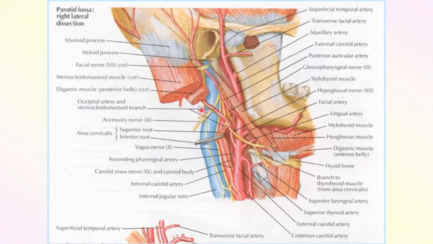So also from this occipital artery, you're going to have the sternocleidomastoid branch. The sternocleidomastoid branch will sometimes originate straight from the external carotid artery, and other times it'll just originate from the occipital artery. It's going to be a pretty small branch.